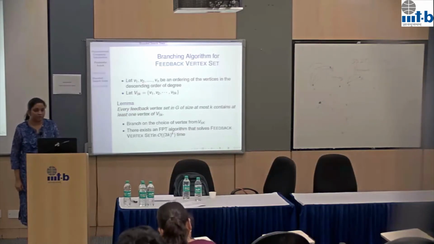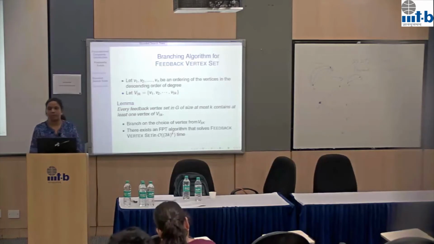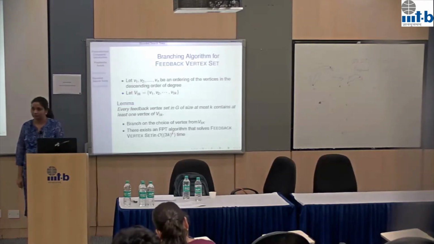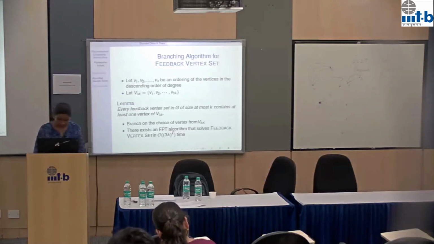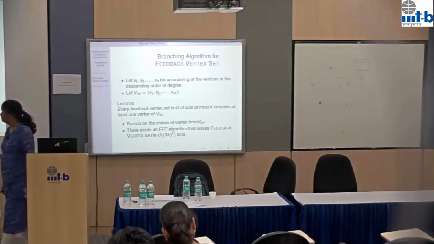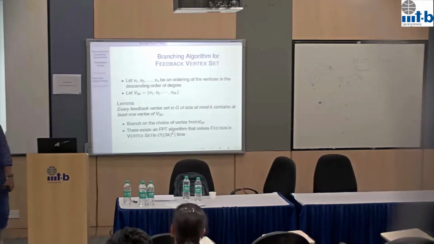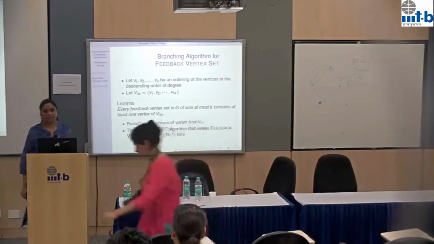So we have an FPT algorithm that solves feedback vertex set in 3k to the power k. Okay, so this is the branching algorithm for feedback vertex set. Any questions?